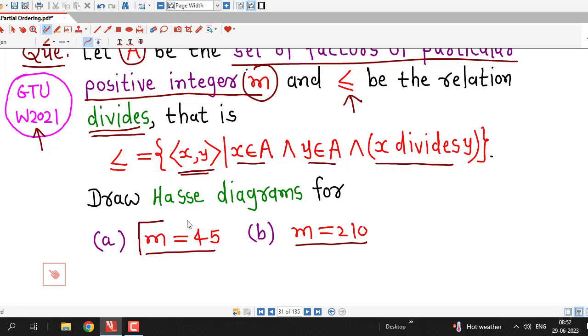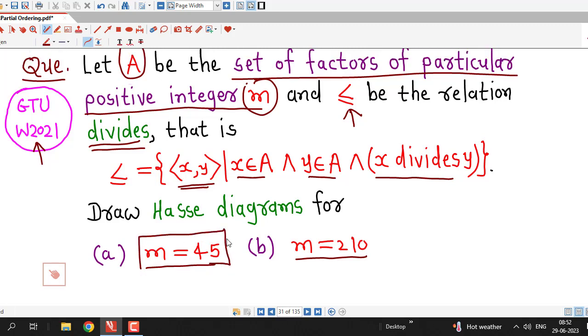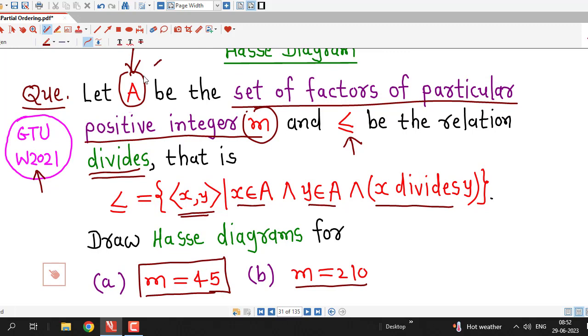In part A, we have to consider m equal to 45, that is, our set will be the set of factors of 45, and in the second part we have to consider the set of factors of m equal to 210, and we have to draw the hash diagram for this set A with the divides relation.